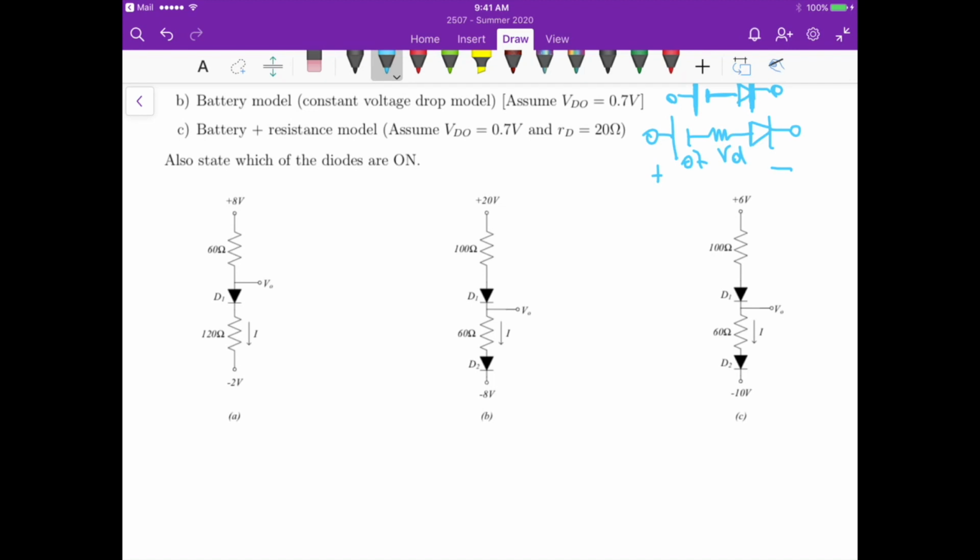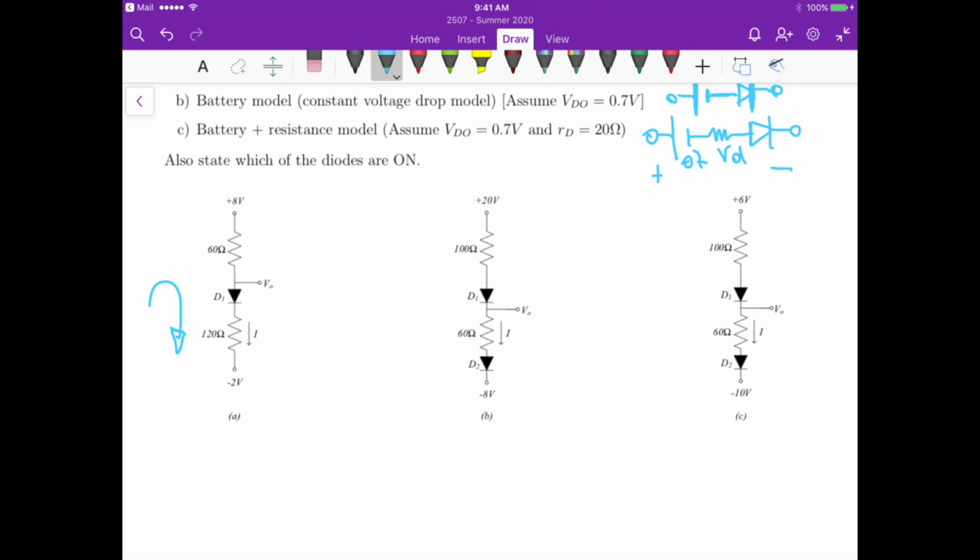For the ideal diode, you just apply KVL on a single loop here, and then you figure out the current. Once you figure out the current, you can calculate the voltage V0. If that current is positive, flowing in this direction here, then diode 1 is on, and you can calculate V0. Otherwise, it would be off, and then V0 would be equal to 8 volts. But I think in all the cases, diode 1 will be on.